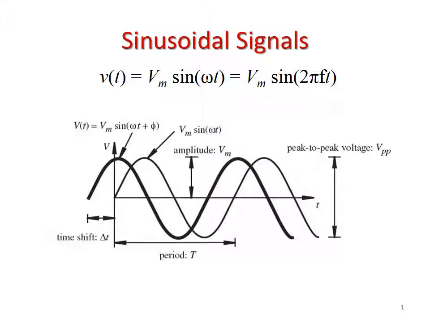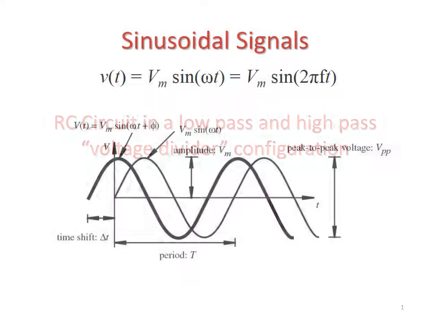This is just showing the basics of a signal and how it's formed using your sine wave, using your amplitude of Vm, and using the omega or 2 pi frequency. Furthermore, it's showing you what the shift of phase does, and the time shift delta t, which shifts your signal starting point from left to right based upon how large it is.